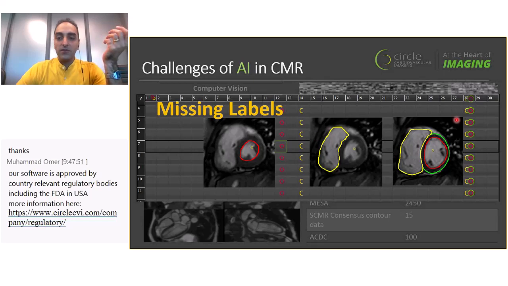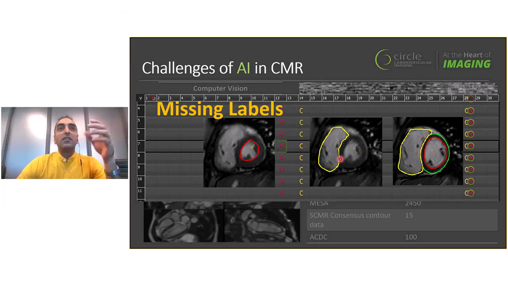We always run the risk that if we only train on contours derived from the end diastolic phase and end systolic phase, we're overfitting to being able to contour those phases best. And at these two phases, the heart is more or less static. Think about the motion of the heart as a sinusoid in terms of volume.